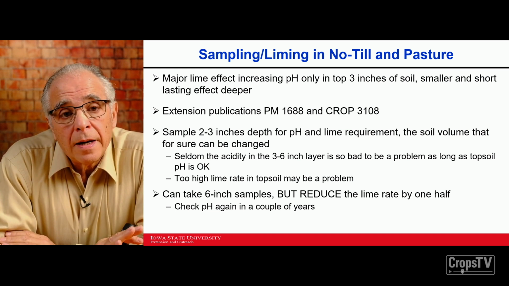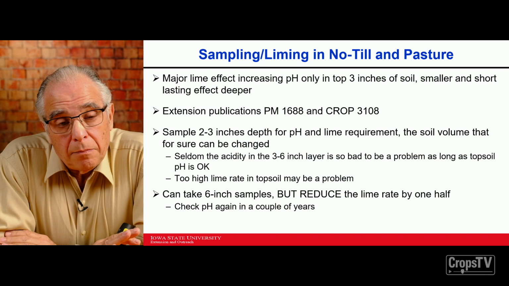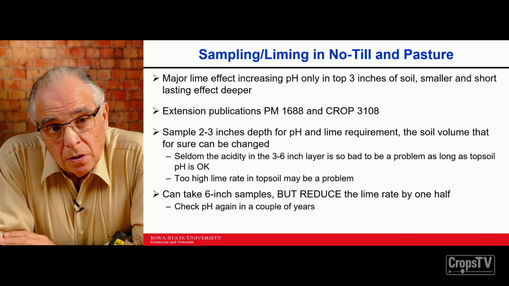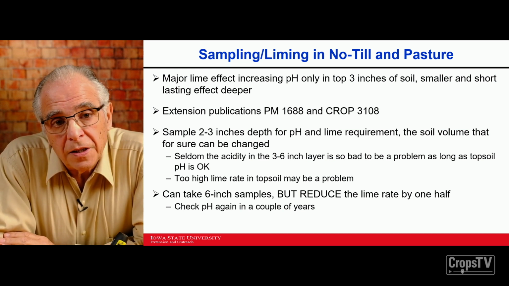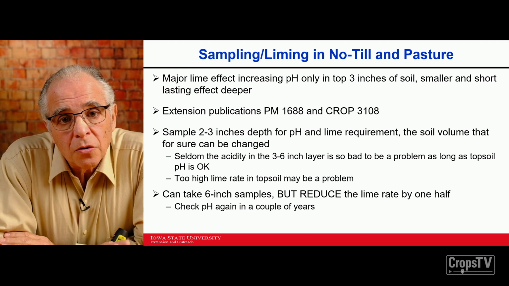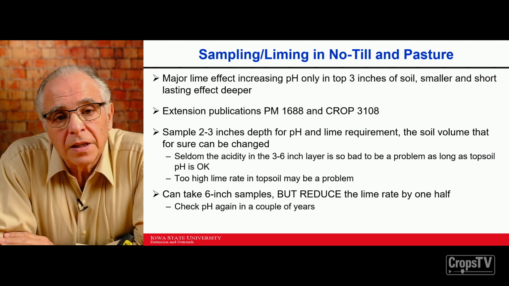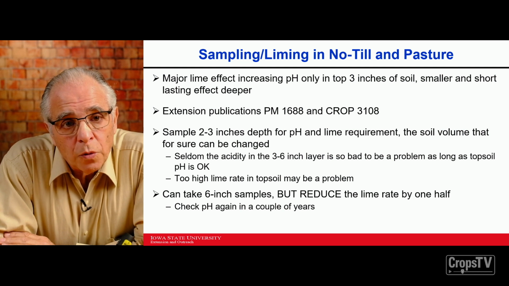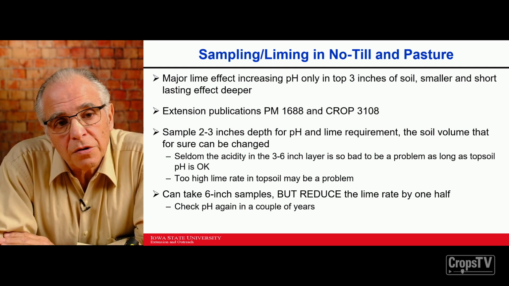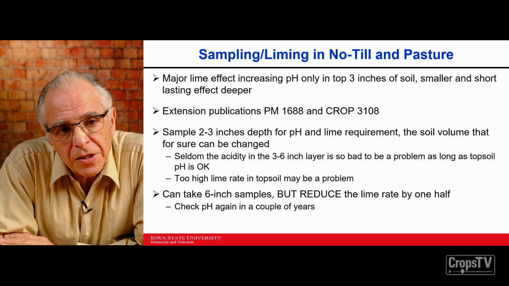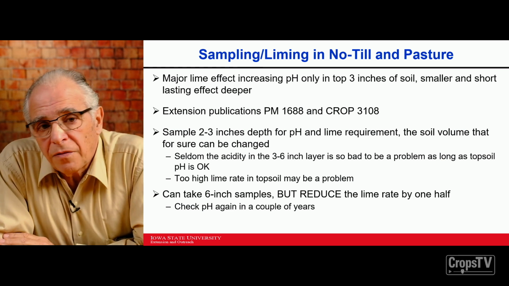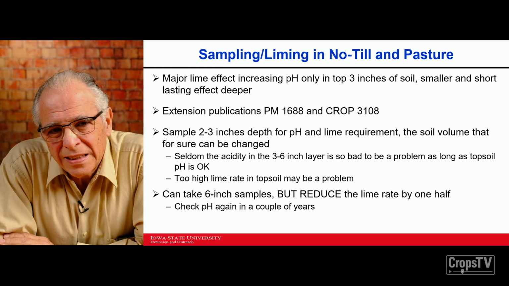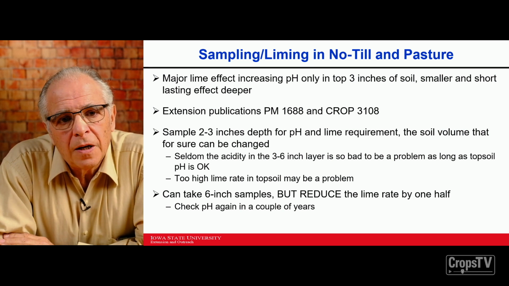Now, the issue is that seldom does acidity at deeper depths really affect yield response to be a problem. We thought, for example, that with continuous anhydrous application, we may have an acidic layer about 5-6 inches, but it's not too clear.